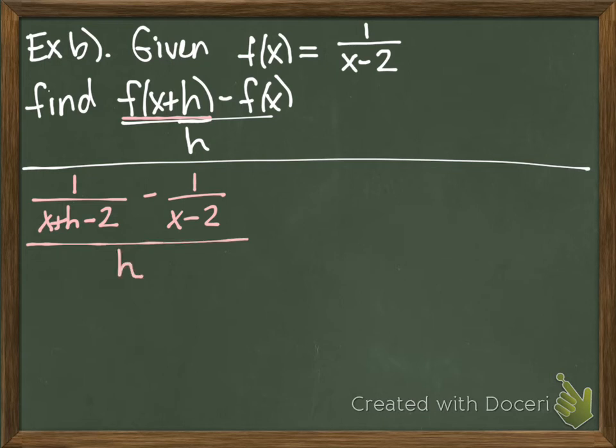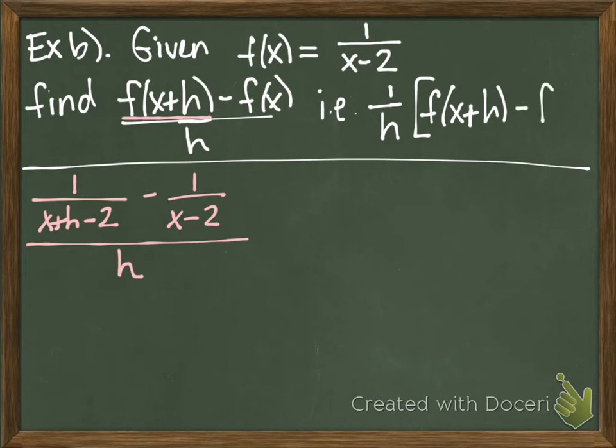Okay, so here's a trick I like to use if I have a fraction in the numerator. Here's something I want you to notice, going back to what we had up here. Dividing by h is the same as multiplying by 1 over h out front, and then leaving the f of x plus h minus the f of x right here.